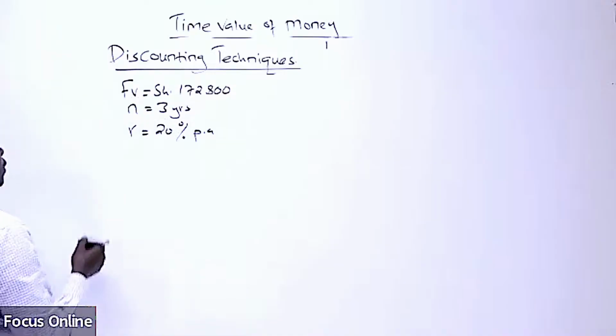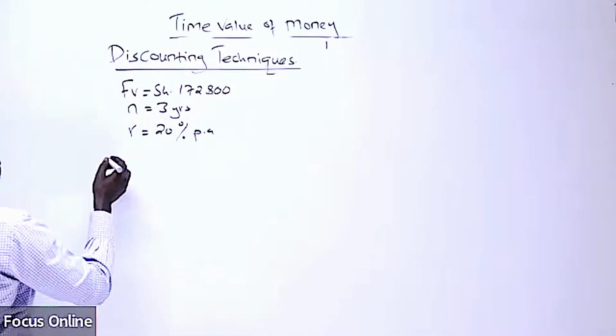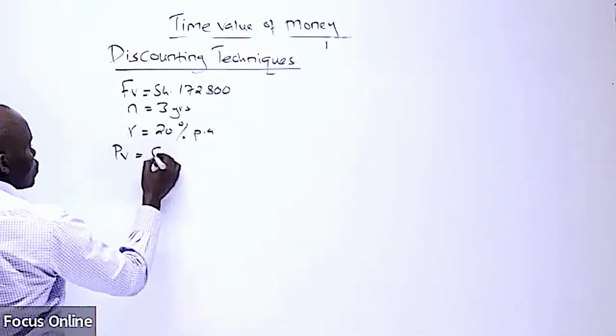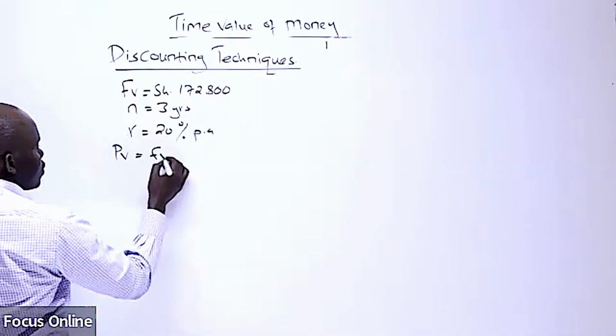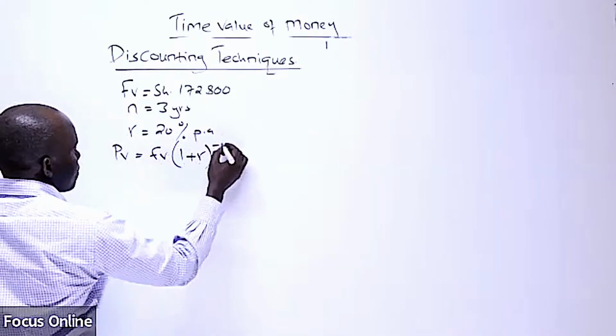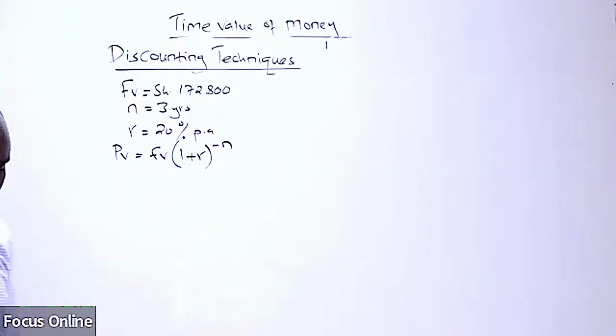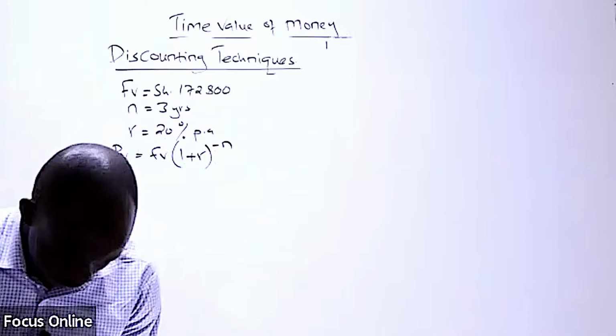So here we will say present value is equal to future value times (1 plus R) power negative n.